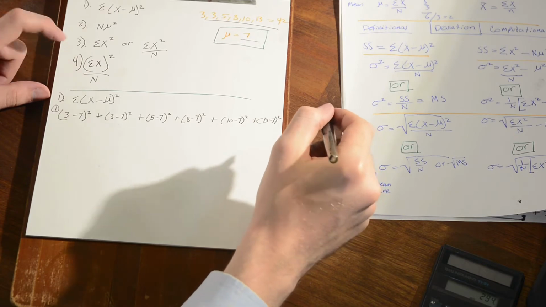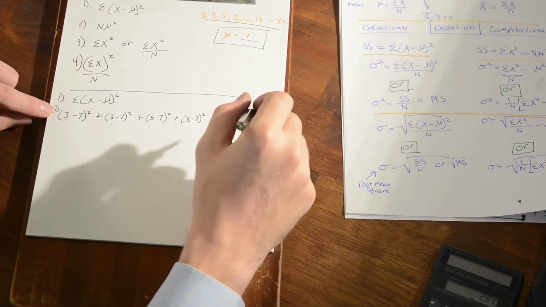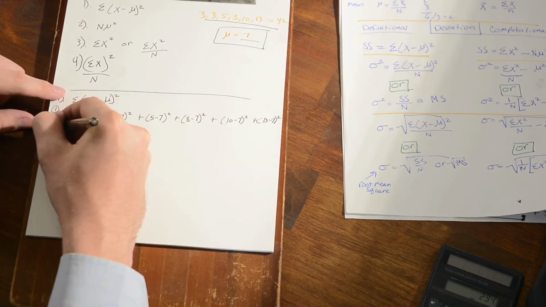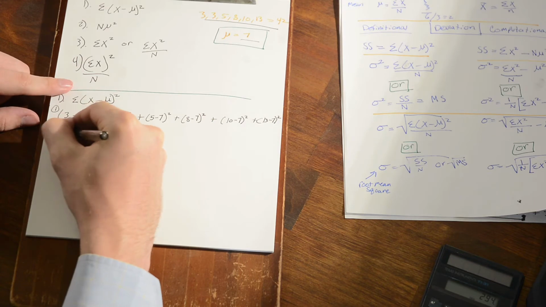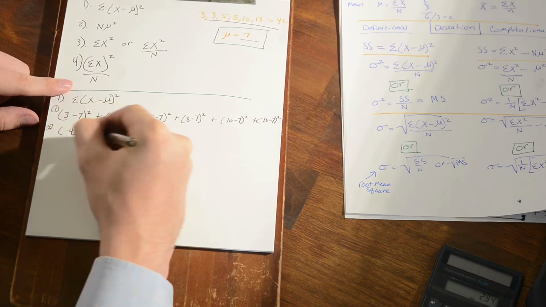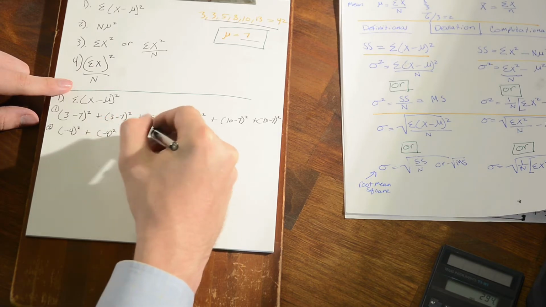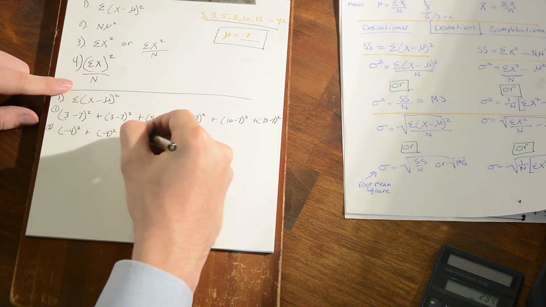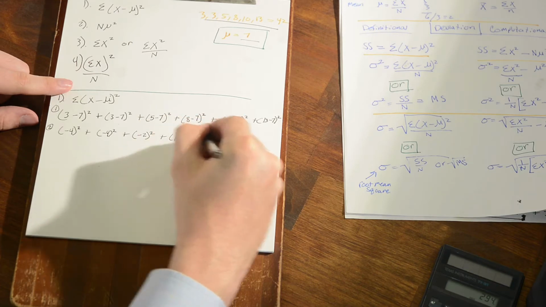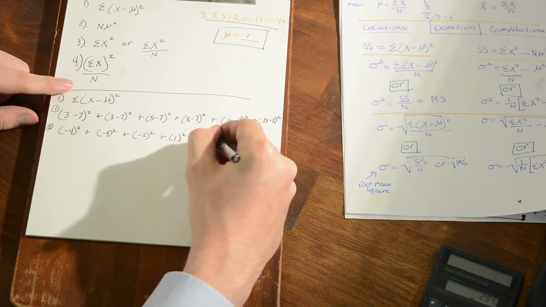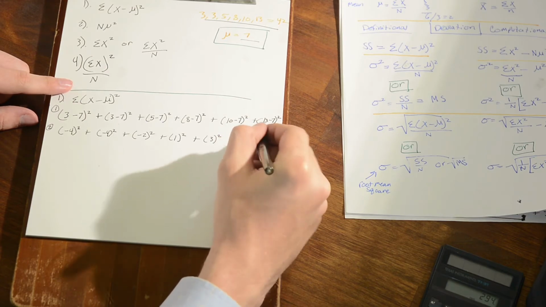Just enough room for that. Glad I didn't go any bigger. So, what's our second step? Well, following order of operations, we're going to take care of what's inside here first. So it's going to give me negative 4 squared plus negative 4 squared plus negative 2 squared plus 1 squared plus 3 squared plus 6 squared.